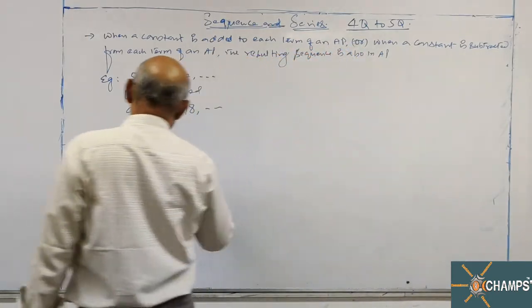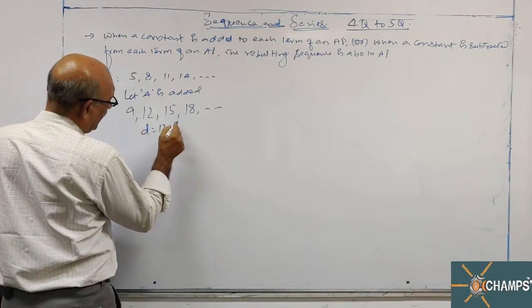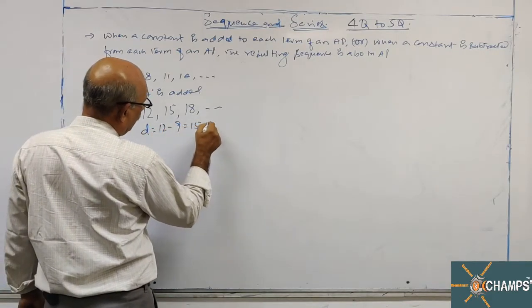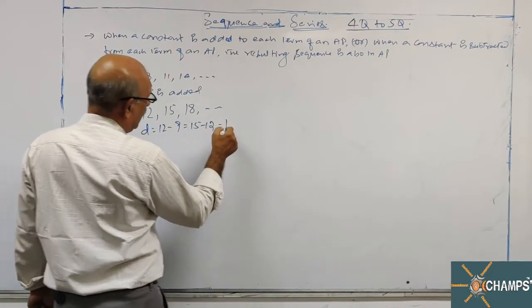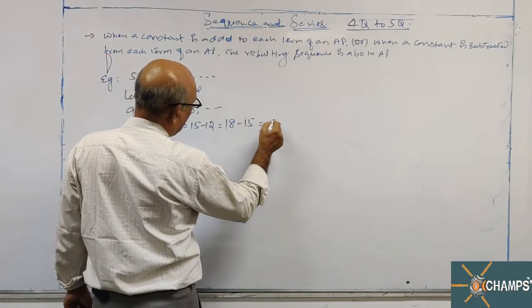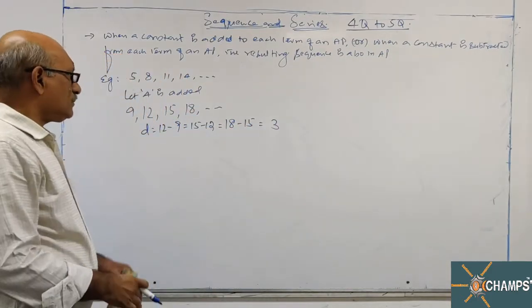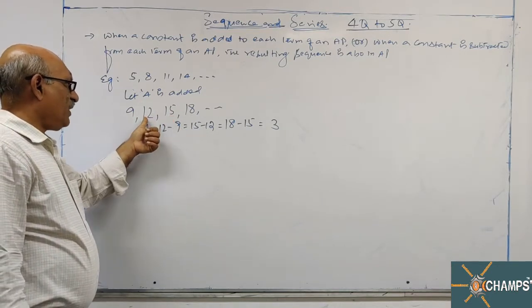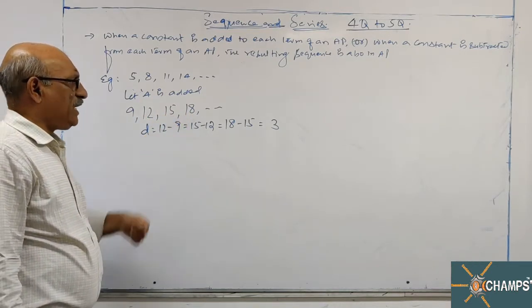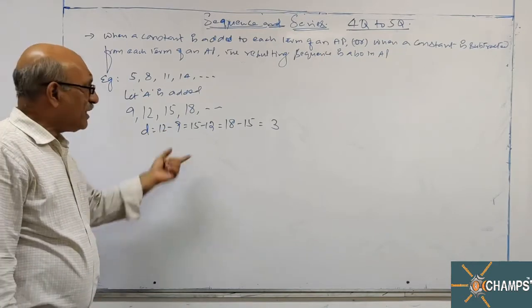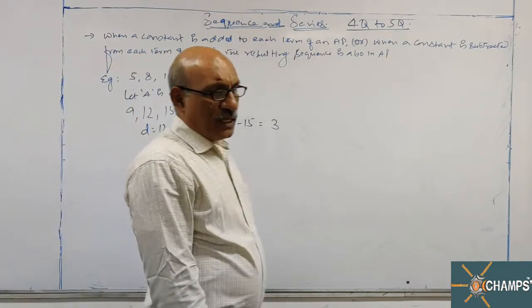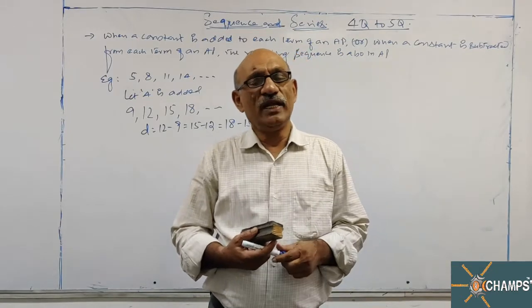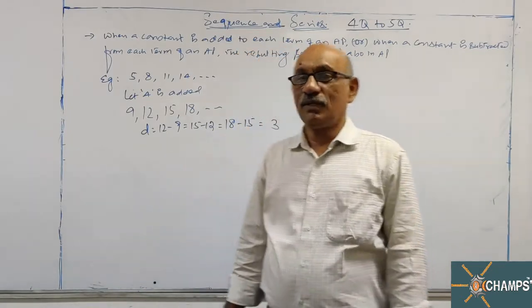Let us see here. Common difference: 12 minus 9 is equal to 15 minus 12 is equal to 18 minus 15 is equal to 3. Common difference is same. So it is in arithmetic progression.